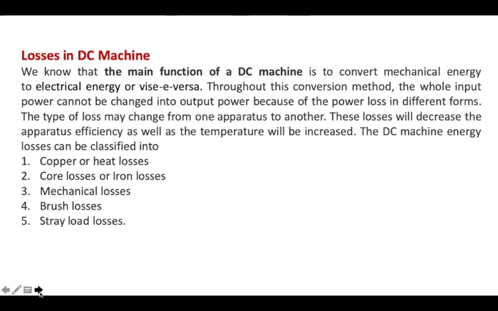And because you have a commutator and brush arrangement, there is normally a voltage drop in the brush of the given machine. But normally, because it is very small as compared to the other losses, many times we neglect these brush losses. The stray load losses are the mechanical losses which are dependent on the load of the DC machine.